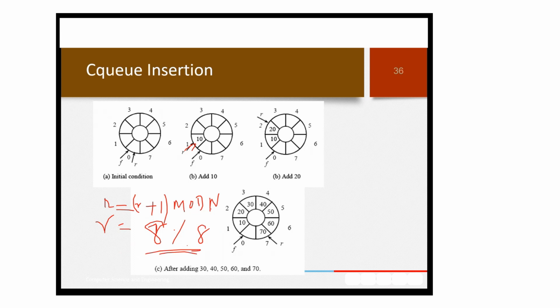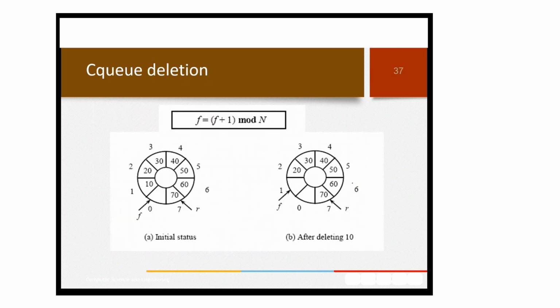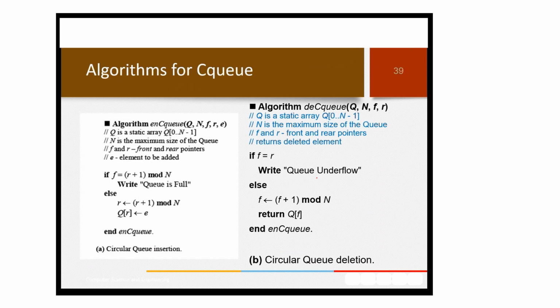That is the design of this formula. So this is deletion, same thing. And we can actually incorporate, instead of R equal to R plus 1, we simply use this formula. Similarly for F, we don't use the earlier normal queue, but it is plus 1 mod n.